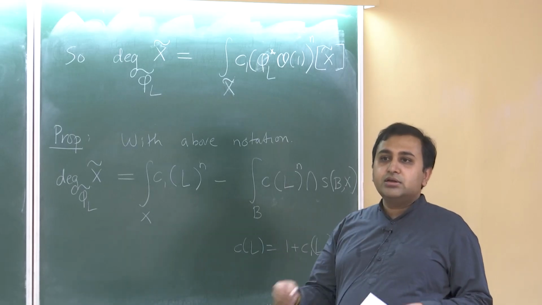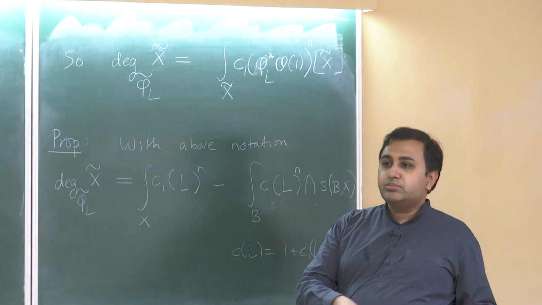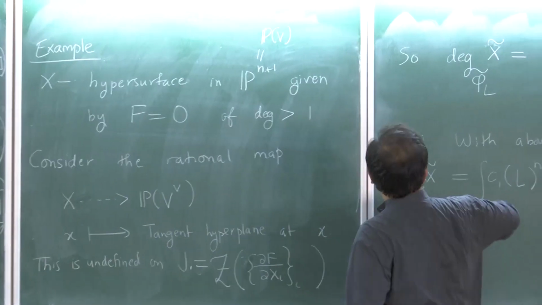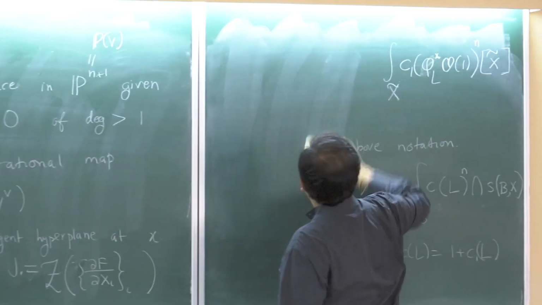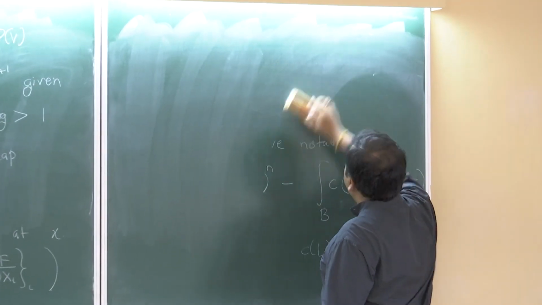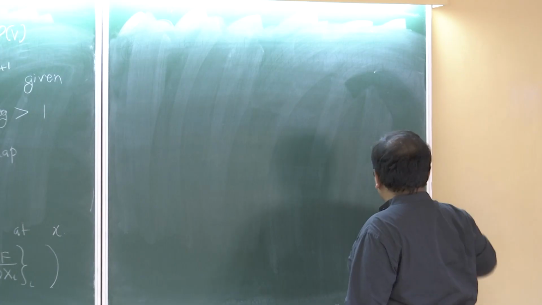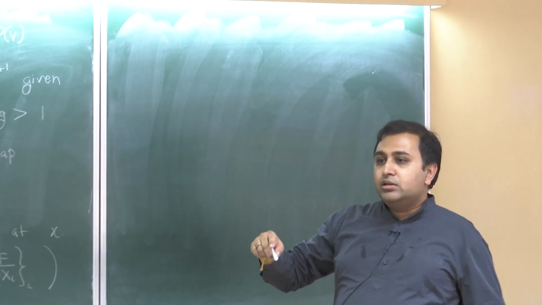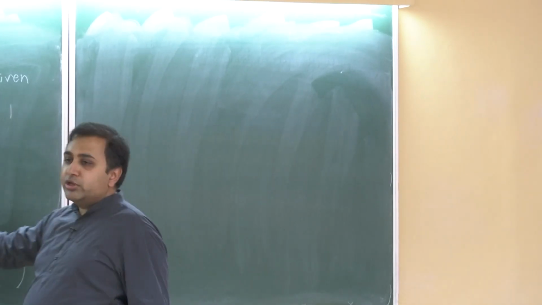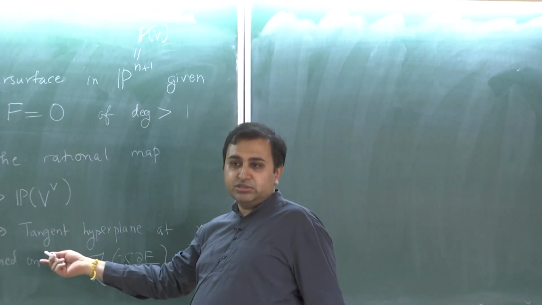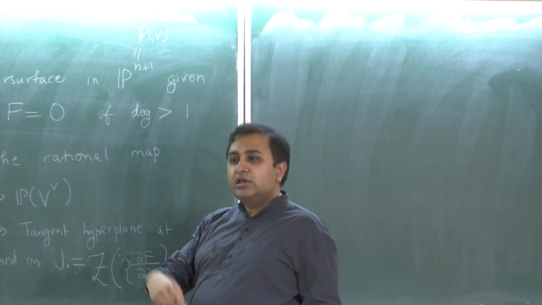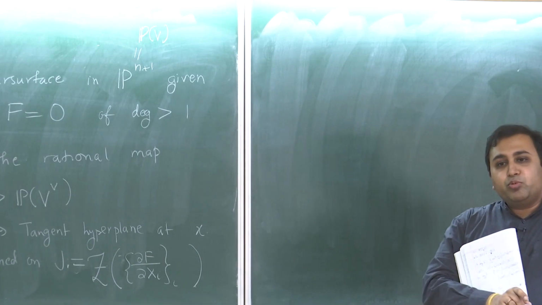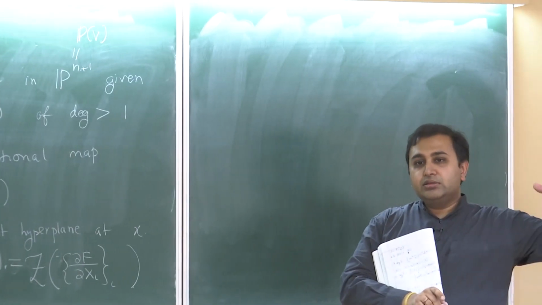But if I take some higher degree curves, then interesting things start to happen. For example, what could happen is that if there is a line which is tangential at 2 points, what can you say about the image of this? That will again be a hypersurface, right? So if I'm talking about curves, the image will again be a curve. But if there is a line which is, say, tangential to 2 points of the curve, then what will happen?